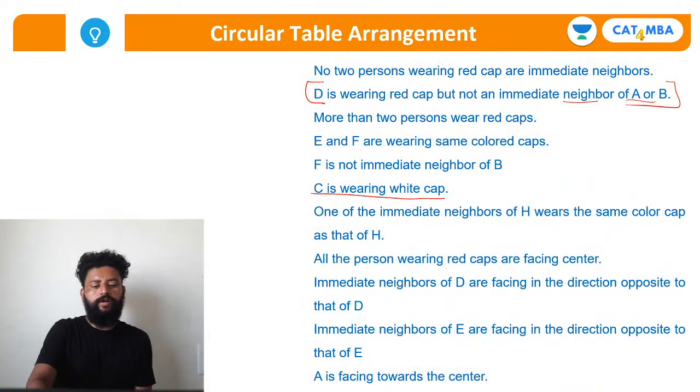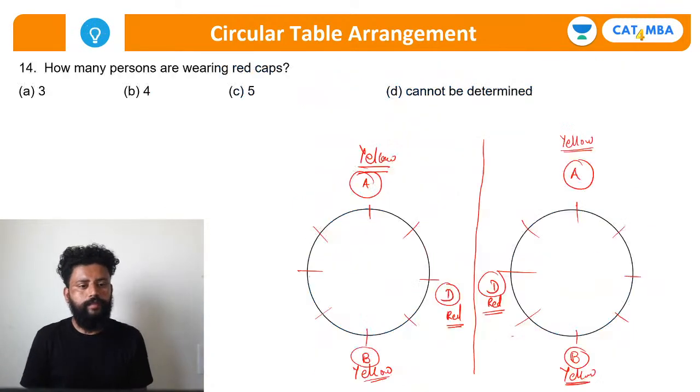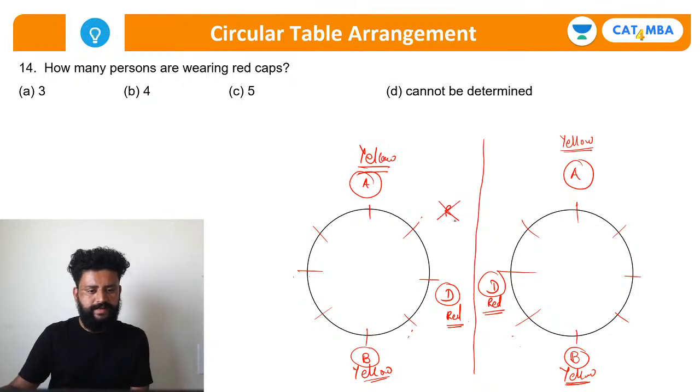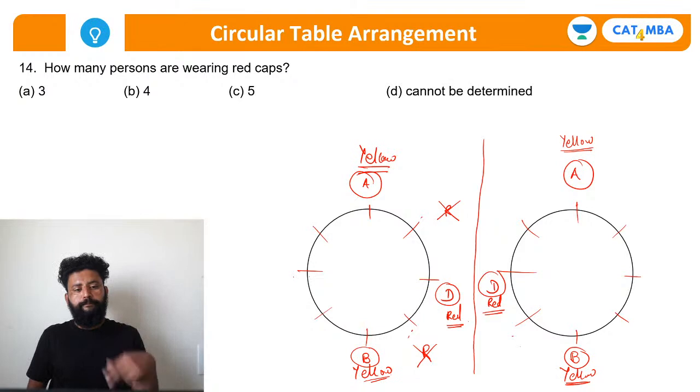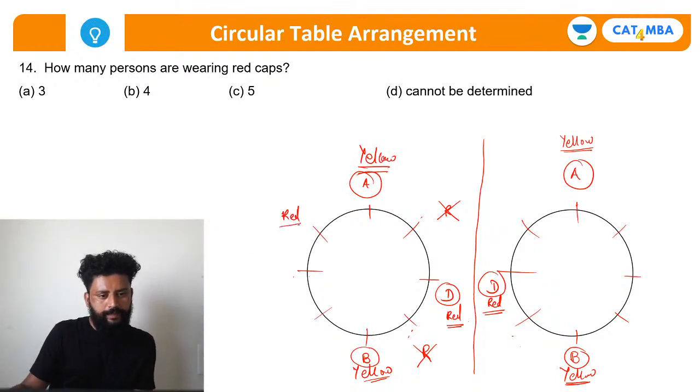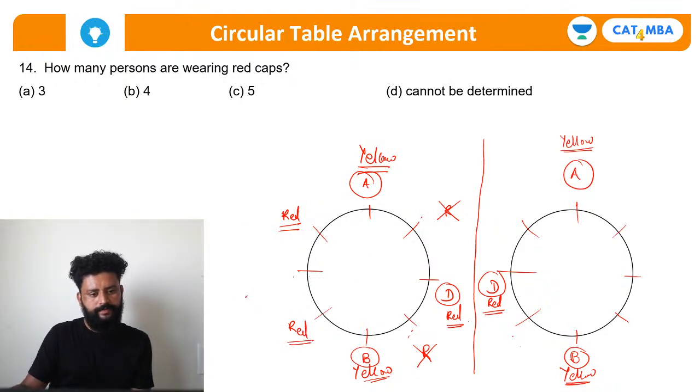Okay, so more than two persons wear red cap. Now understand, if it is red, this is not red. And more than two persons, more than two means it should be at least three. तो ये यहाँ पे तो consecutive रेड नहीं आने वाला, so for sure this must be red, this must be red, so we have got at least three red.